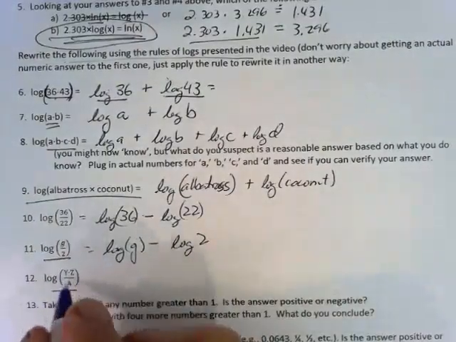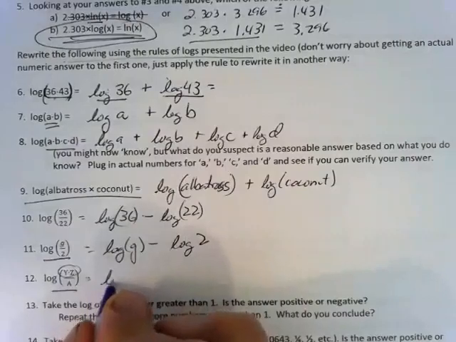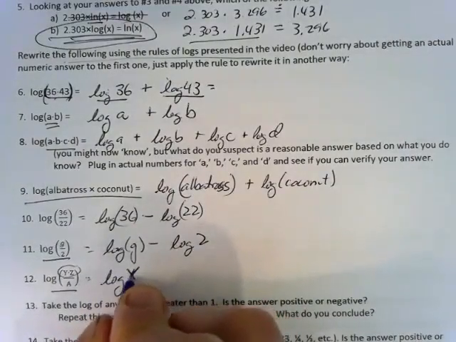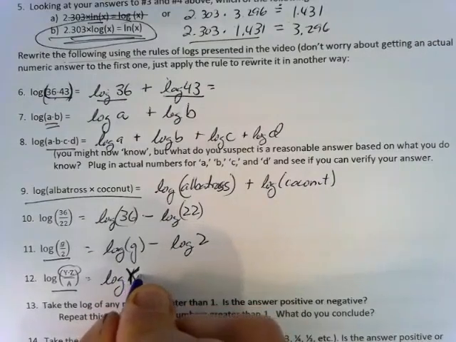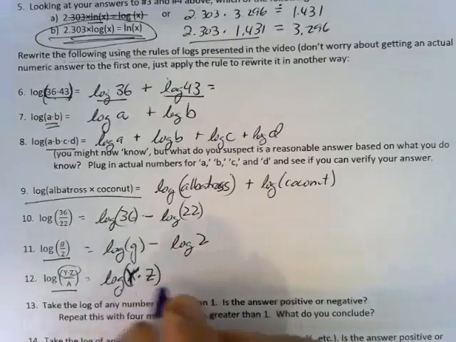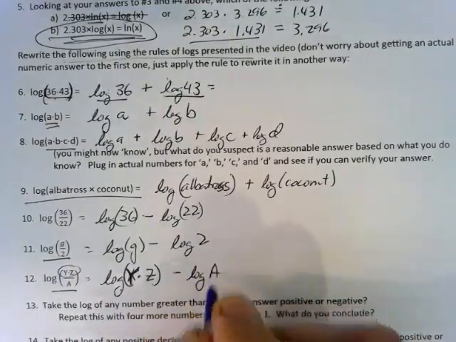Here we have the log of y times z over a. So if I rigorously take the numerator, it is y times z. So it would be the log of that quantity minus the log of a.